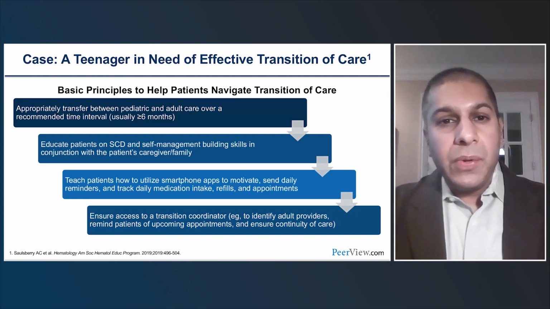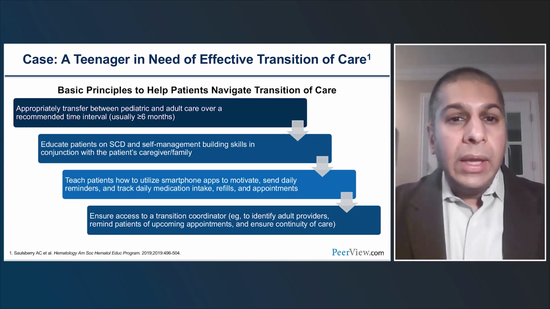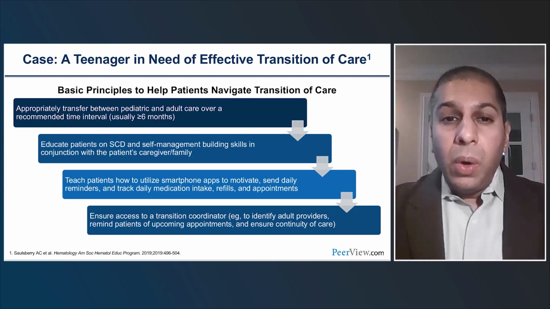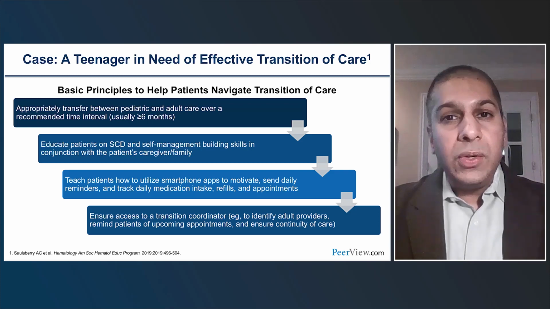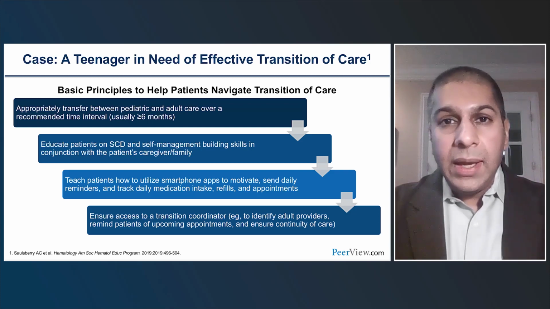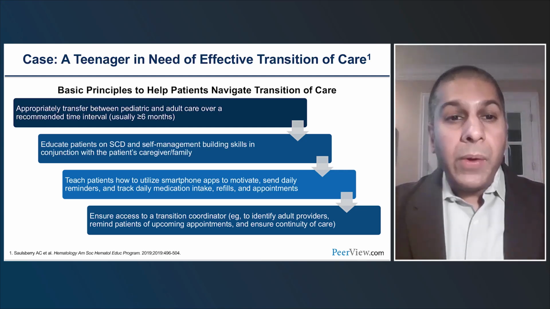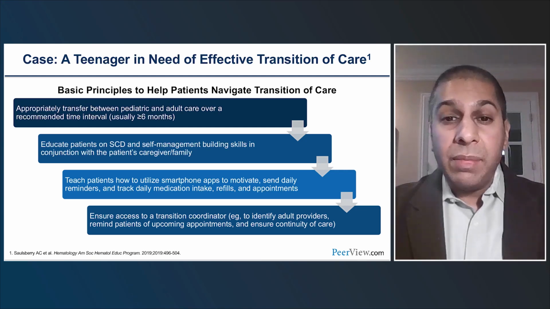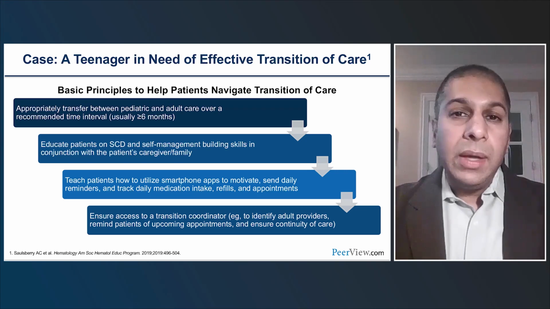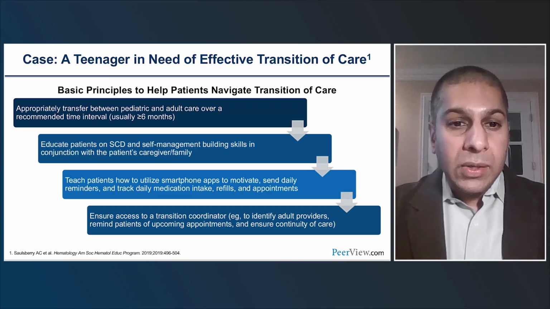So the basic principles to help navigate transition of care include appropriate transfer over a recommended time interval. And usually this should be at least 6 months between the pediatric and adult care provider to allow that trust to build. Also education on sickle cell disease and self-management building skills so that the caregiver and their family are aware of what to monitor for.